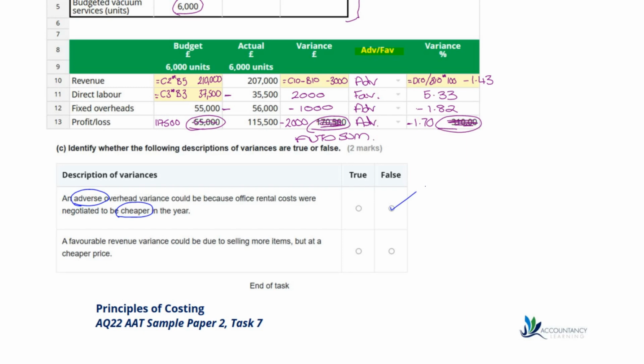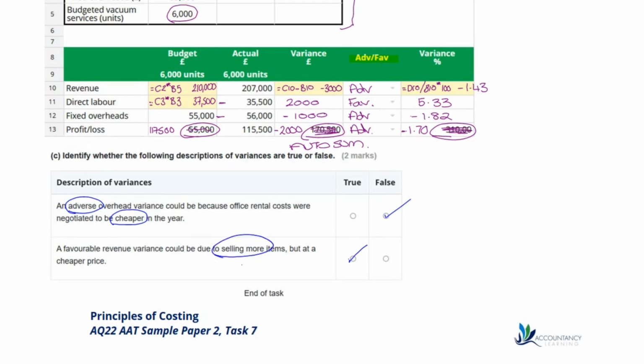And then the final bit, a favourable revenue variance could be due to selling more items but at a cheaper price. So this could actually be true because we are selling more in terms of volume because we've lowered the price. So if we have something marked up at £10 per item and we reduce it to £7 per item, then people will see that as a bargain.